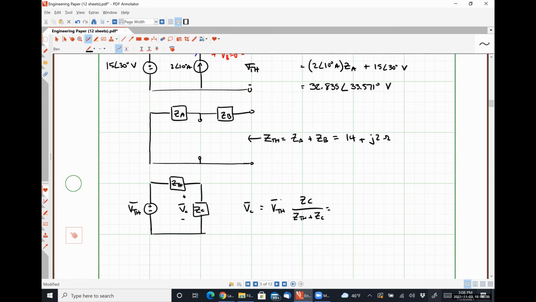Saving in my calculator. 32.835 with an angle of 33.571 times V over ZTH, which is 14 plus 2j plus, there we go. 15.882 angle 53.571 degrees. Exact same result as the other methods, just a different way of doing it, right?